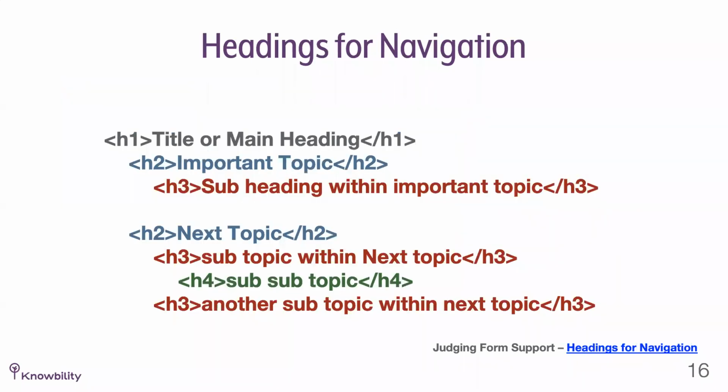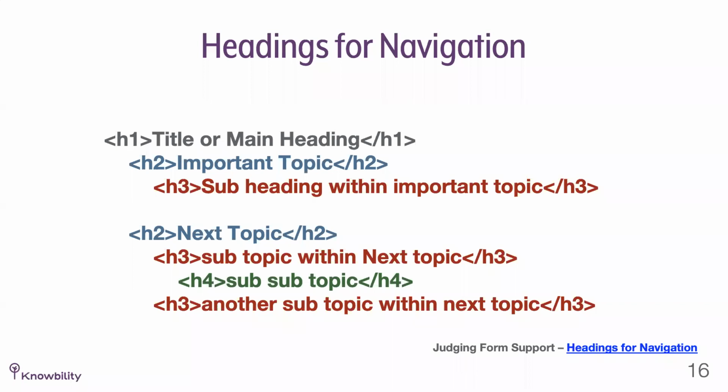So headings for navigation. We talked about landmarks, and headings are somewhat of a landmark. I said things have to be nested properly. In this case, you generally have only one heading level 1 for your page. That's your title or your main heading on the page. Then you would have H2 for important topics.